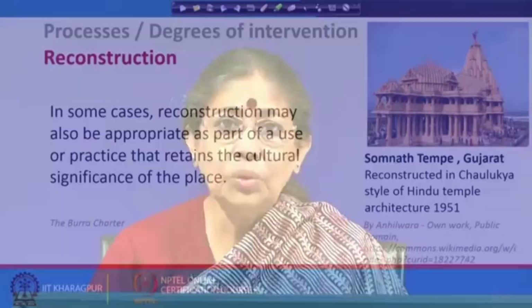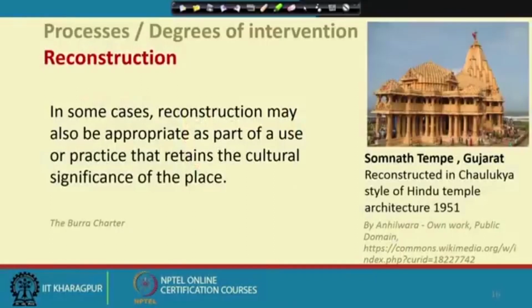It is considered one of the holy places. So, there was a decision to reconstruct it according to an architectural style, for which there was probably some research to say how it would be built. So, for such purposes reconstruction can be done.